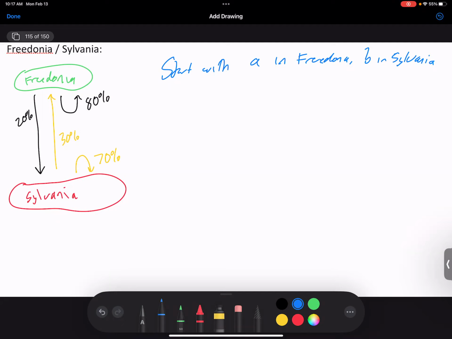Yes? Everyone is in one. Good. Let's say everyone is in Fredonia. So if everyone's in Fredonia, then initially there's nobody in Sylvania, and as time passes, people start moving into Sylvania. And then people start leaving Sylvania for Fredonia. But what happens to the people when they go to Fredonia?